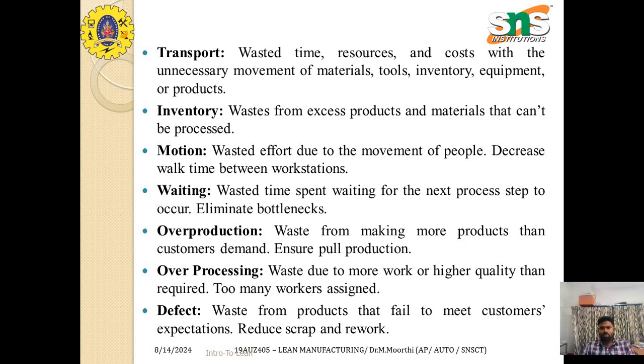It needs to ensure pull production, the process used in lean manufacturing. If the customer needs any product, the company immediately responds, so that waiting time and overproduction are avoided.